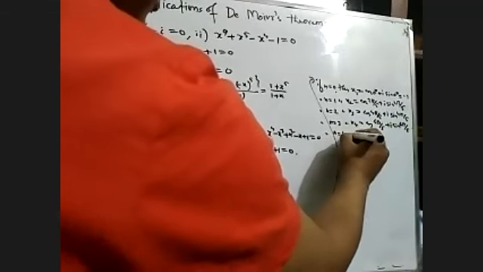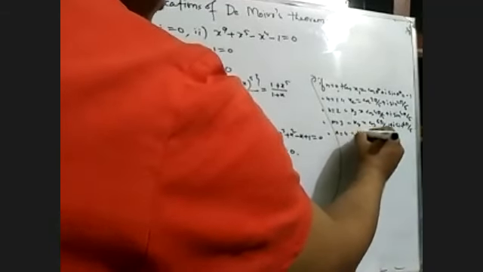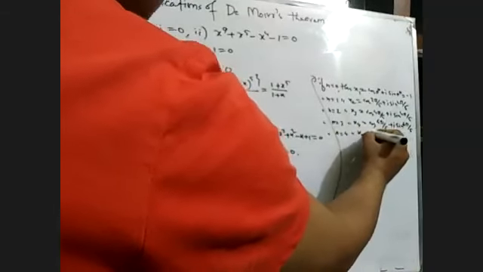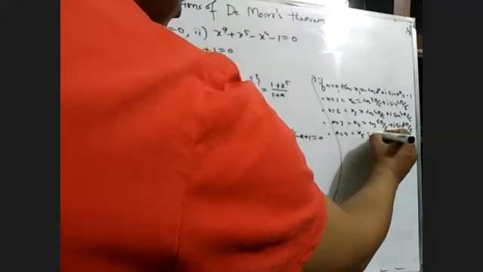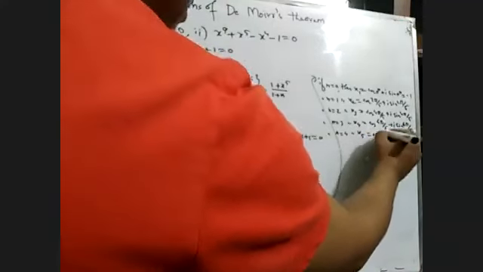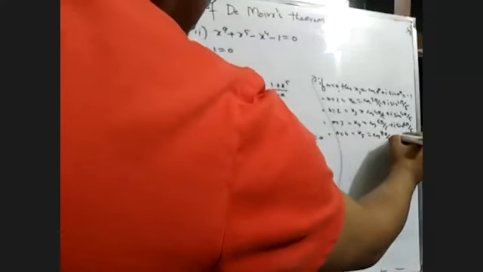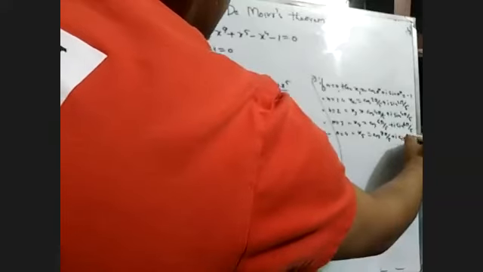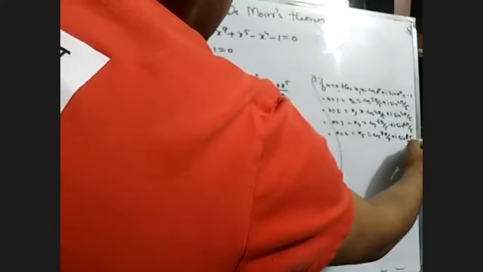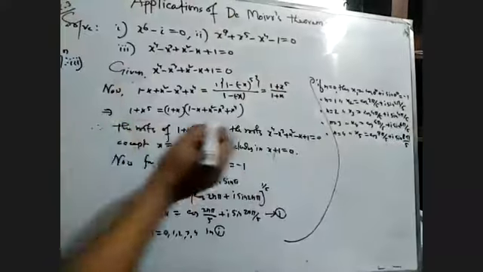Last one, for n equals 4, will give the fifth root of the given equation x to the power 5 plus 1: cos 8 pi by 5 plus i sine 8 pi by 5. Very easy.